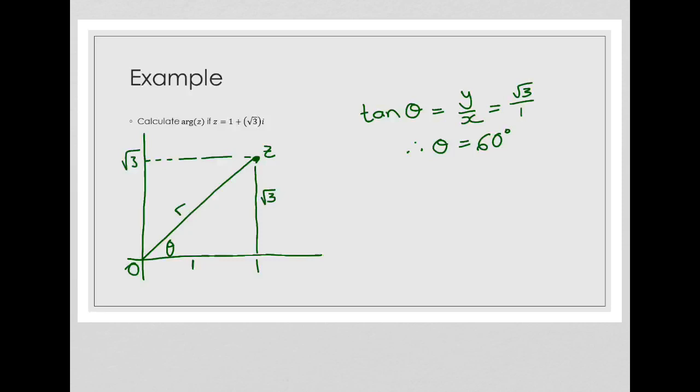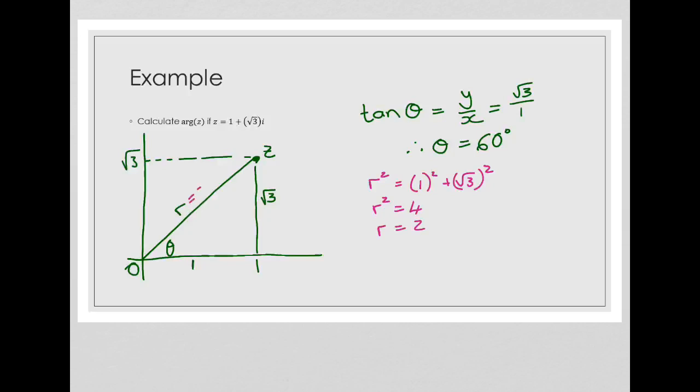If you wish to use either the sine or cos functions, you would have to work out r first. So just for argument's sake, let's do this. r squared is then x squared plus y squared, which simplifies to 4, and r is equal to 2, right?